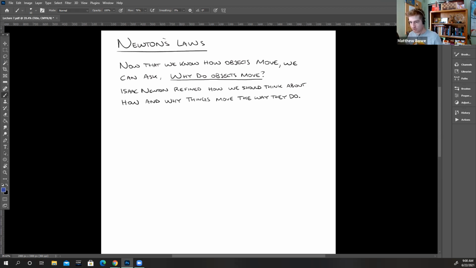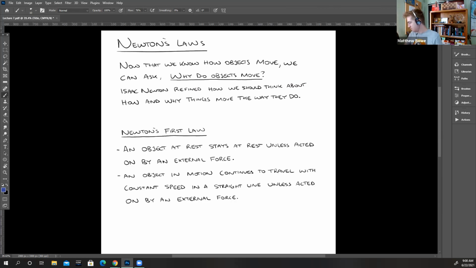So let's go over Newton's first law, something that he said: this is something I've seen and measured and observed everywhere, and I'm going to say it is a law of nature. Newton's first law says that an object at rest stays at rest unless it is acted on by an external force.